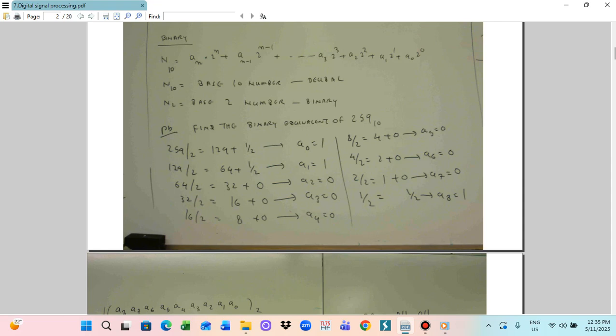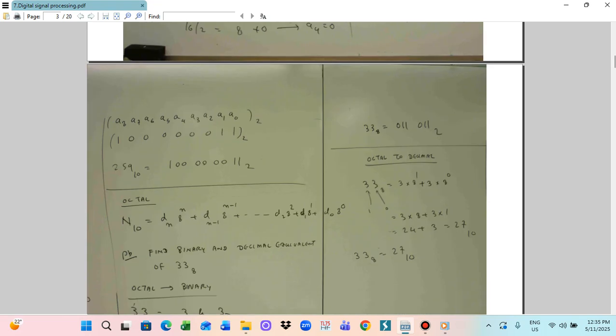And then after you get A8, you have to rewrite again. Normally you write again A8, A7, A6, A5, A4, A3, A2, A1, A0, base 2. So this means that the A8 value is 1, A7 is 0, A6 is 0, A5 is 0, A4 is 0, A3 is 0, A2 is 0, A1 is 1, A0 is 1.